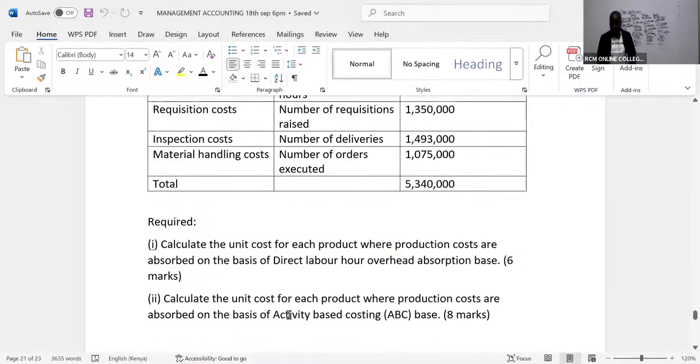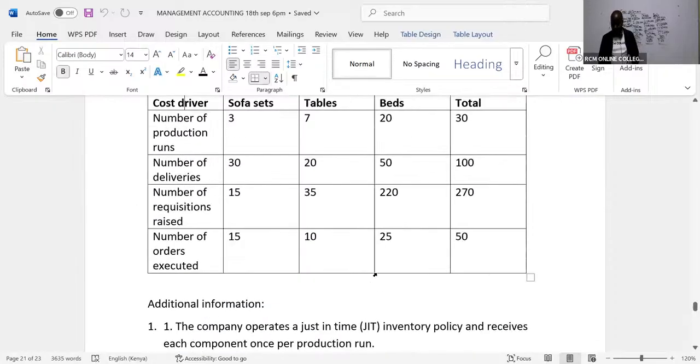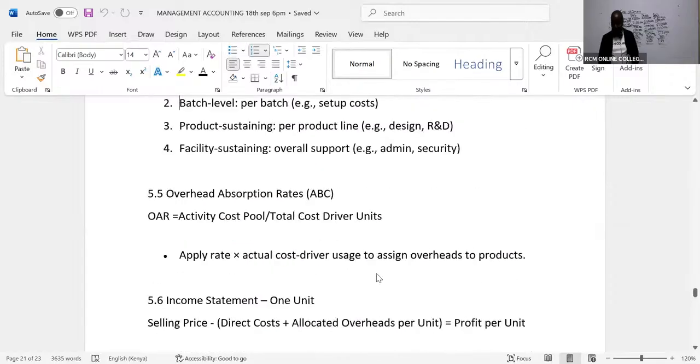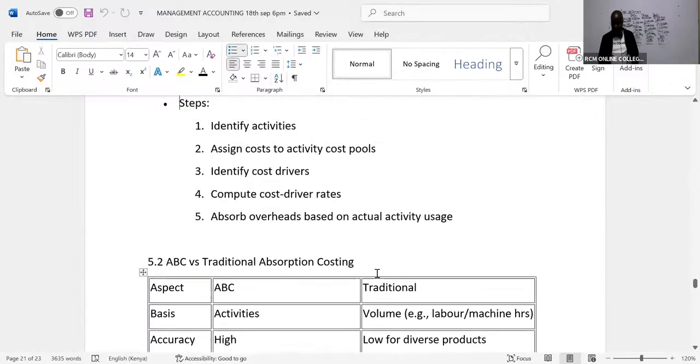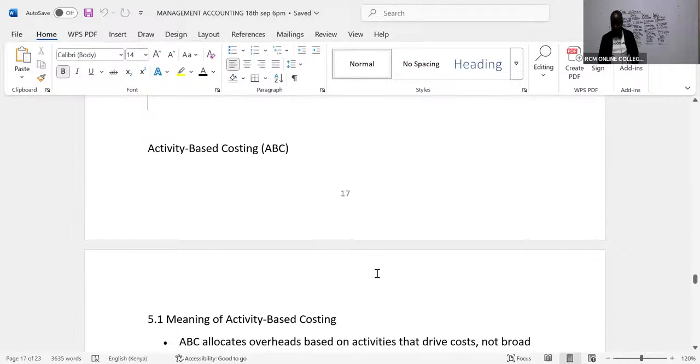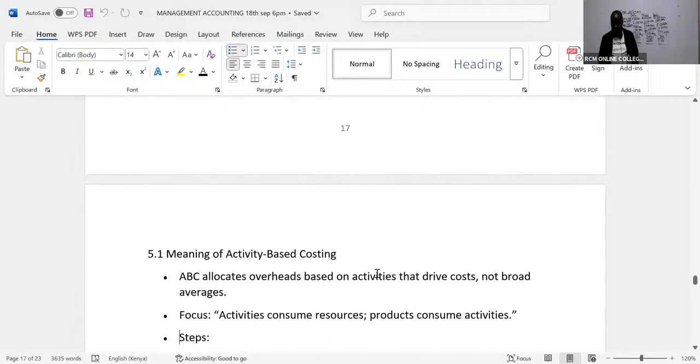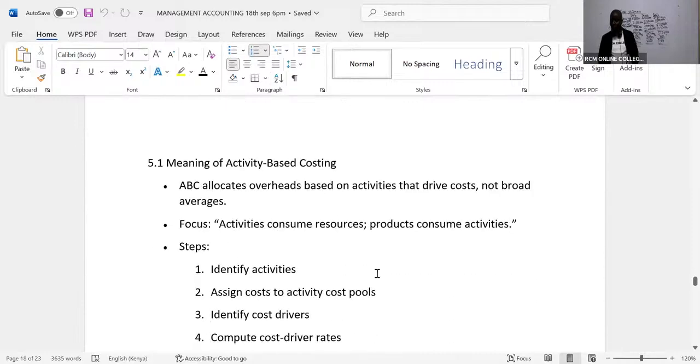Calculate the unit cost for each product where production costs are absorbed on the basis of activity-based costing, ABC. Then I would want to refer back to my handout. What is this animal called ABC? Activity-based costing, what is it? So I'm told there 5.1.